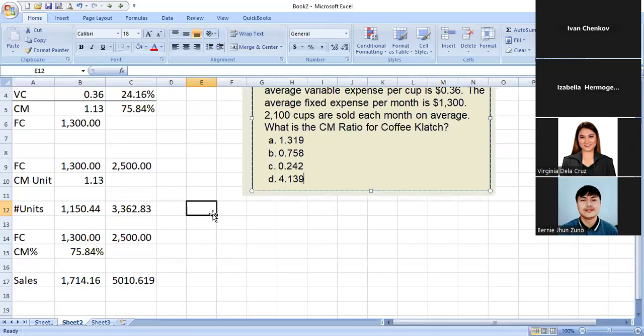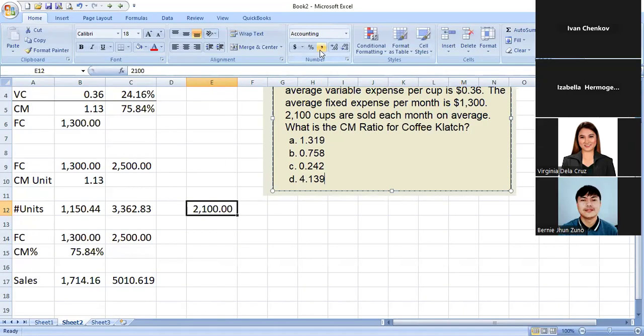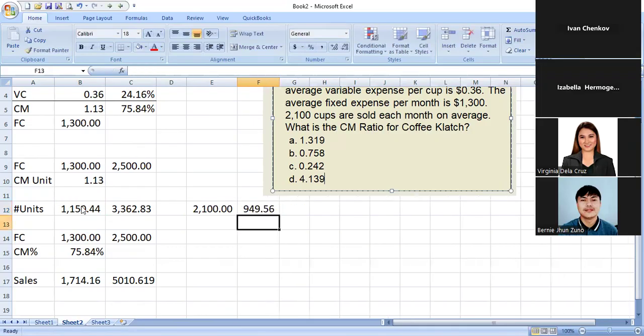If the current sales is 2,100 cups, and our break-even point is 1,150 cups, then our margin of safety is where we are minus the break-even. So we're 950 cups above the break-even, or a margin of safety of 949.